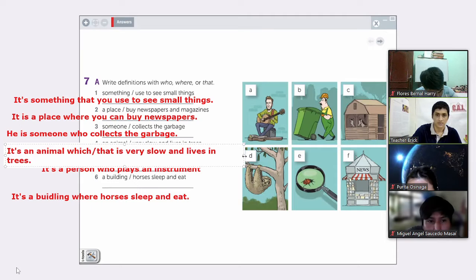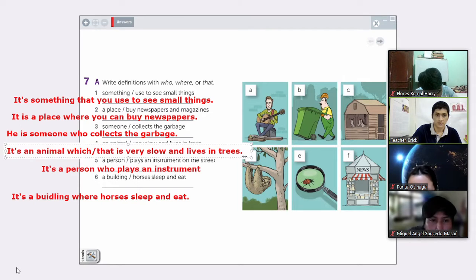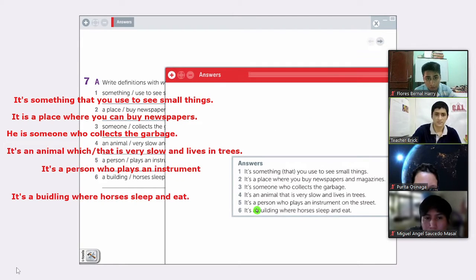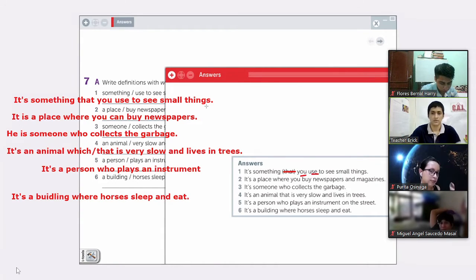Okay, so now we have the correct ones, and I'm going to show you the answers. Number 1, it's something that you use, or also without the relative pronoun because we have subject and verb, either of the two, okay?